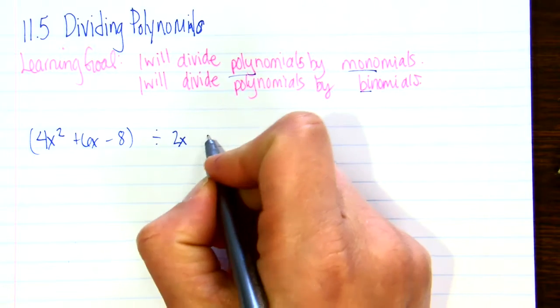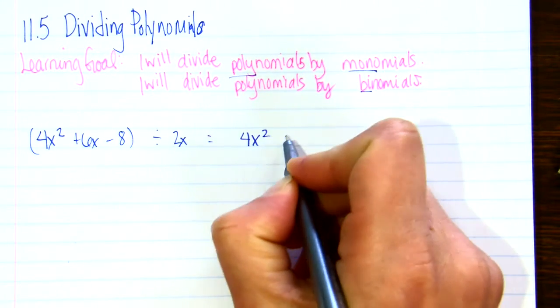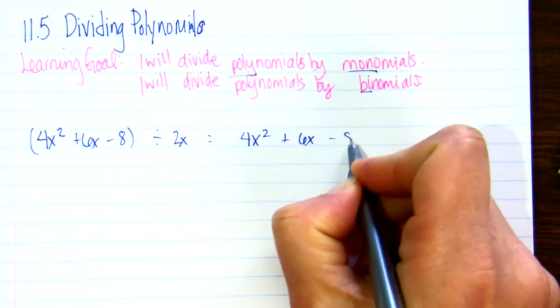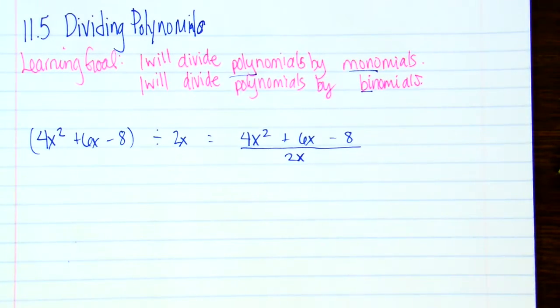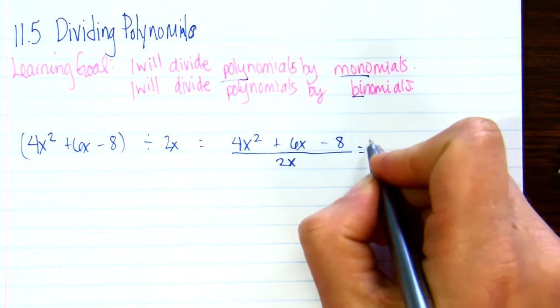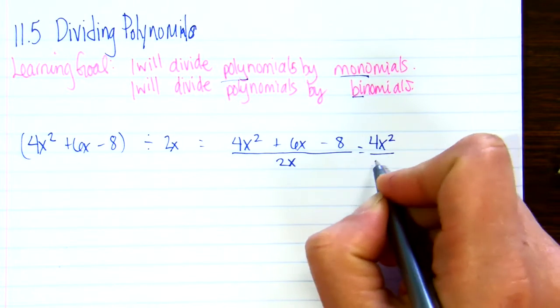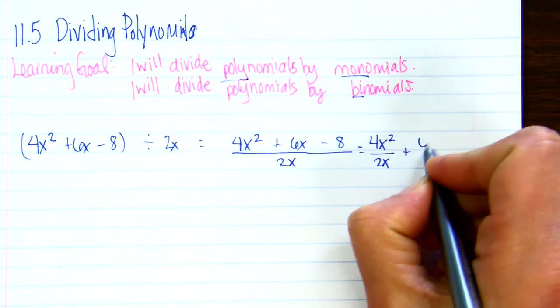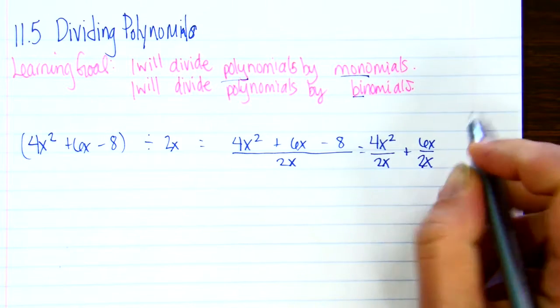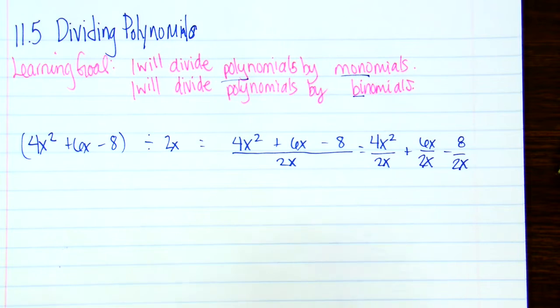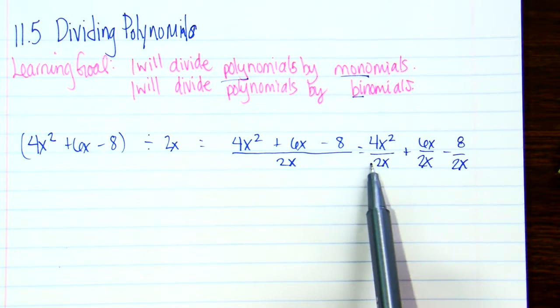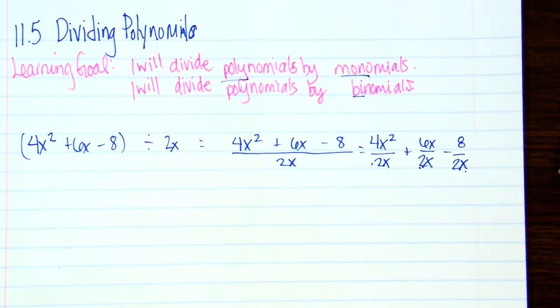What I do is I take 4x squared plus 6x minus 8, and I divide everything by 2x. So when that happens, we get 4x squared over 2x plus 6x over 2x minus 8 over 2x. And we wind up with a bunch of rational expressions all strung together.